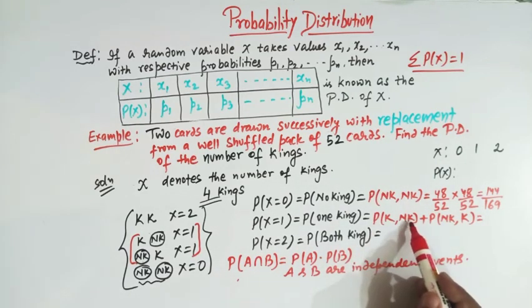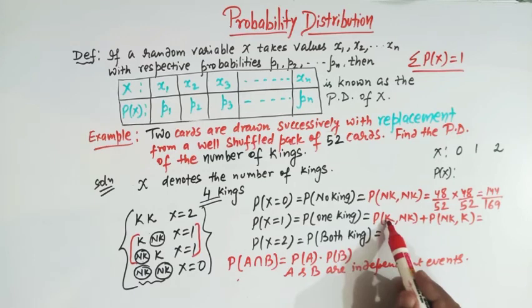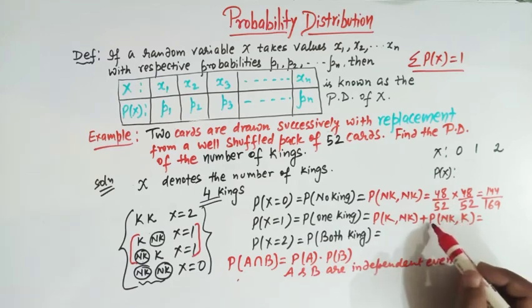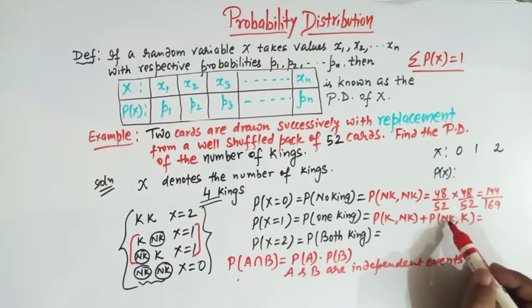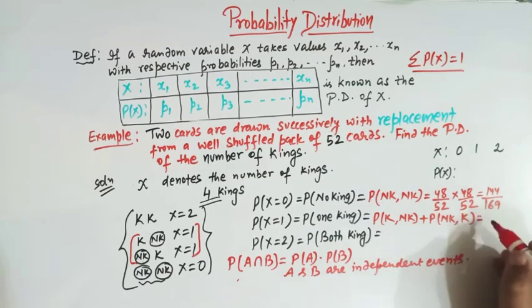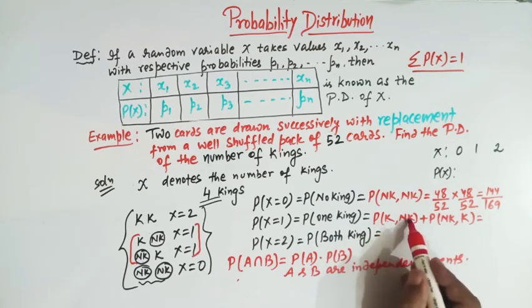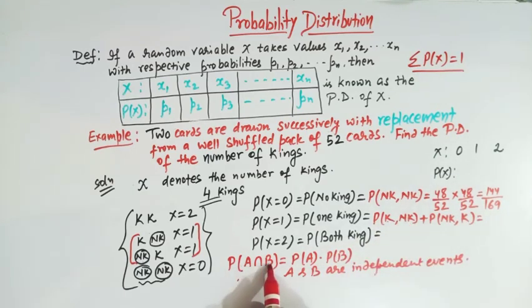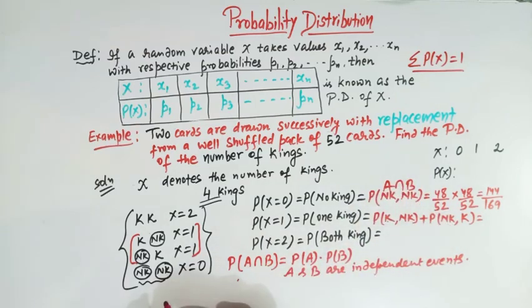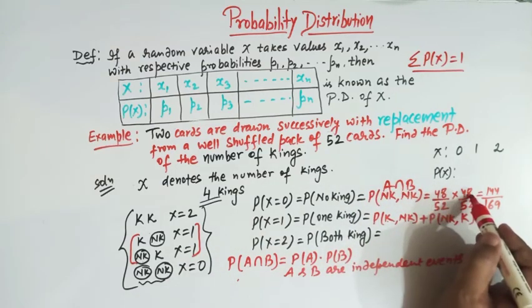This expression shows that in the first draw we have obtained a king, and in the second draw we do not have a king, and this probability shows that in the first draw we do not have a king, and in the second draw we have a king. These two are independent events, so we can apply this rule, because here this is A, this is B, and this is the intersection, so this is P(A) multiplied by P(B).